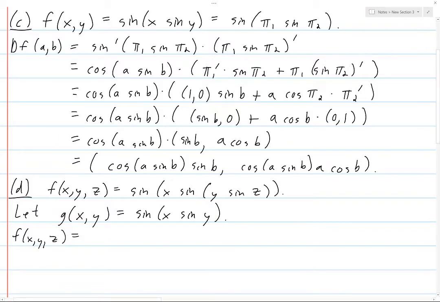So this sine y sine z on the inside here, that's the same thing as g of y comma z. And now we can replace x with pi 1, and y and z with pi 2 and pi 3 respectively.